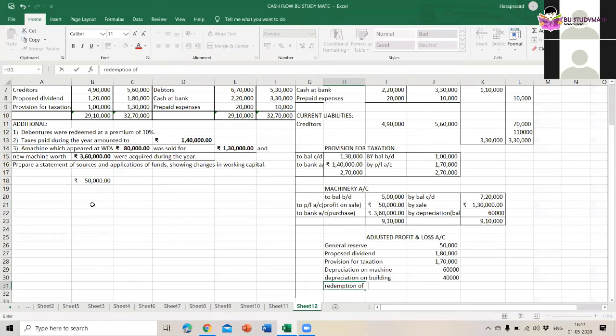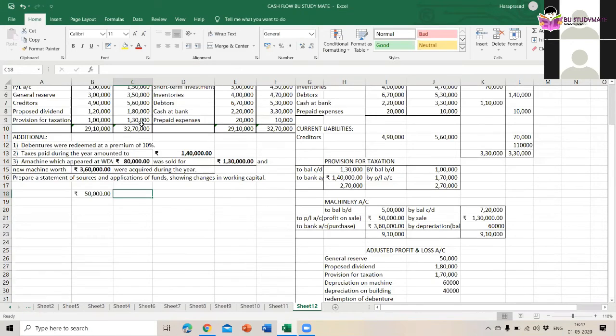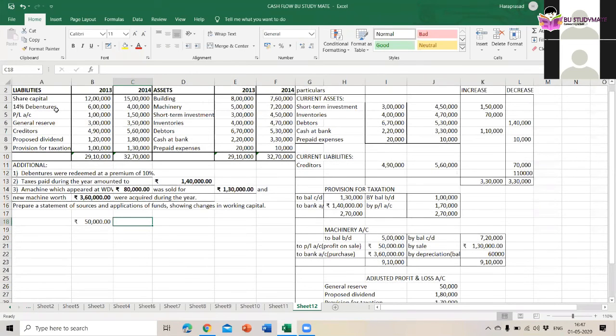That we need to calculate here. So at a premium, it is telling 10%. So 14% debentures, 6 lakhs and 4 lakh it is there. 6 lakhs minus 4 lakh is how much? 2 lakh rupees.